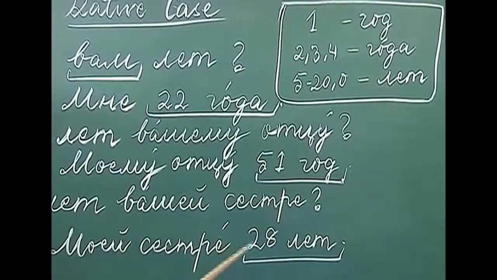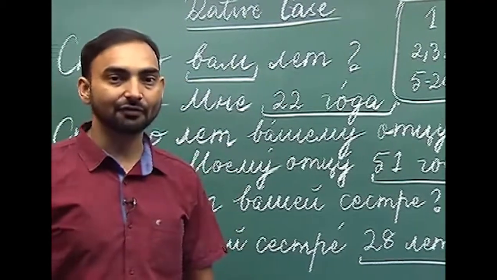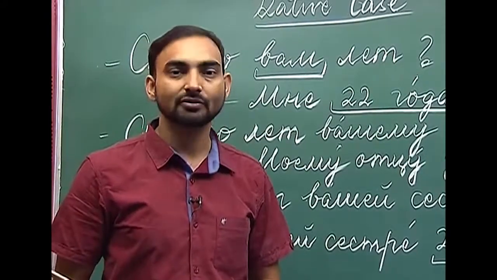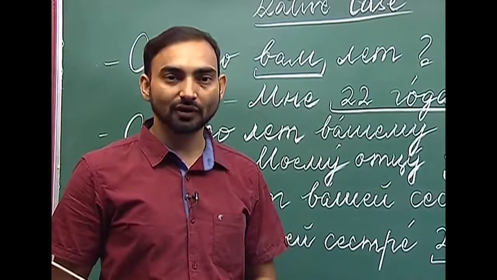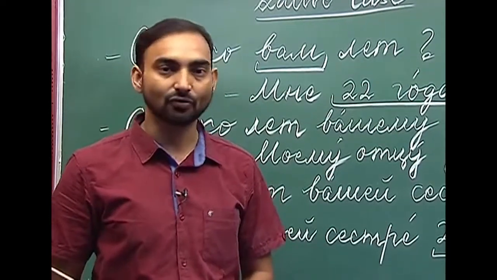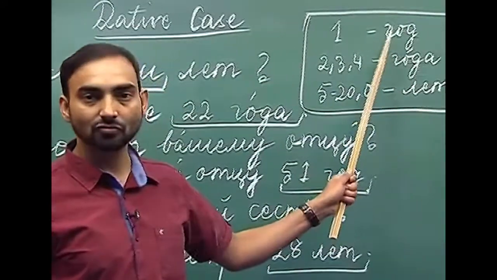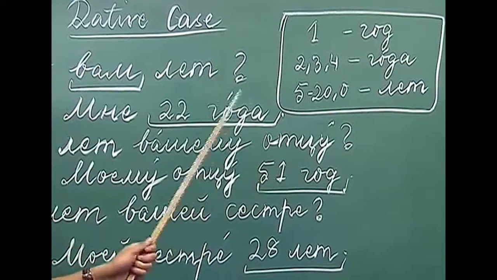For example, 28 let. So, for 53, you say 53 goda, 45 let, 42 goda, and so on.